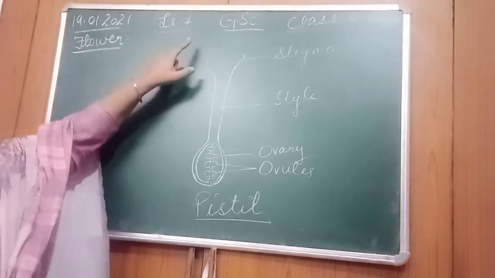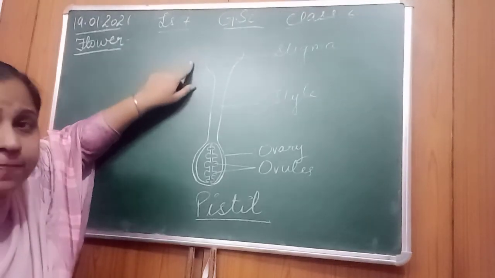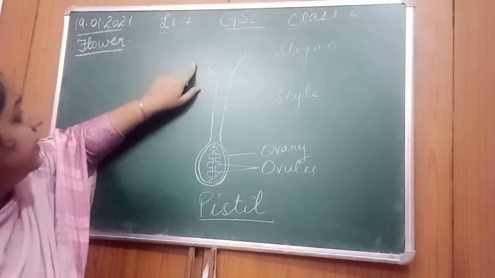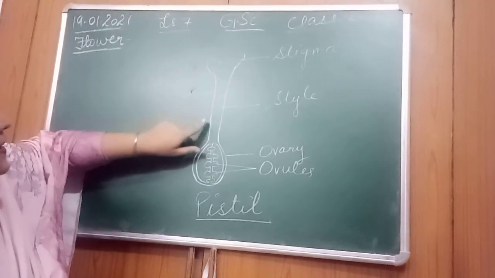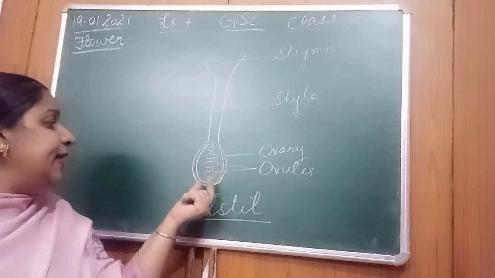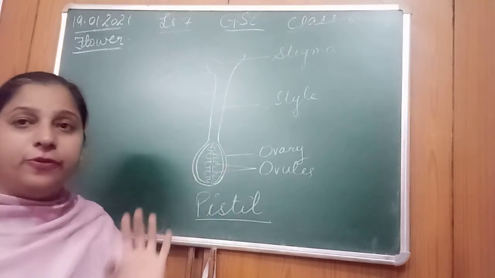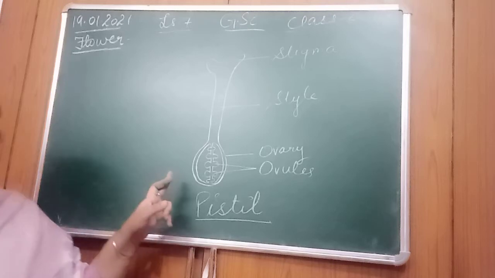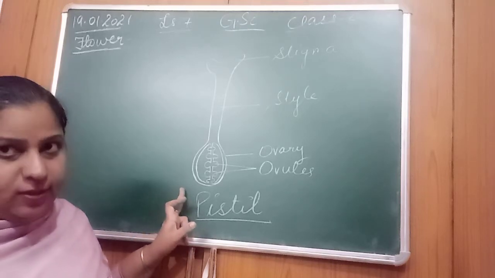Students, pollen grains are received by stigma. Then through the style, they enter here to the ovary and they meet with the ovules. Okay, this process is known as fertilization.